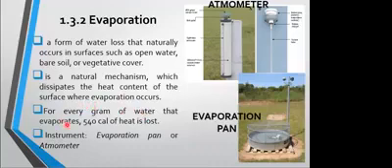For every gram of water that evaporates, 540 calories of heat is lost. So the instrument used for that is the evaporation fan and atmometer.